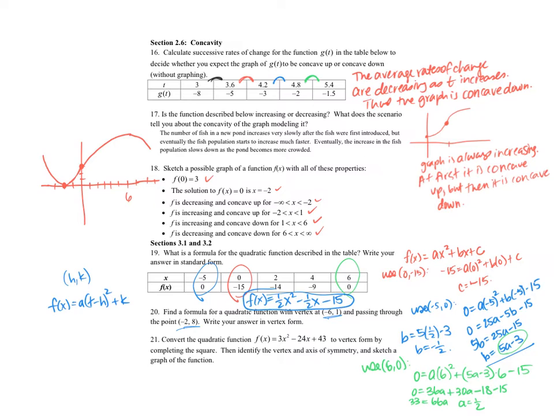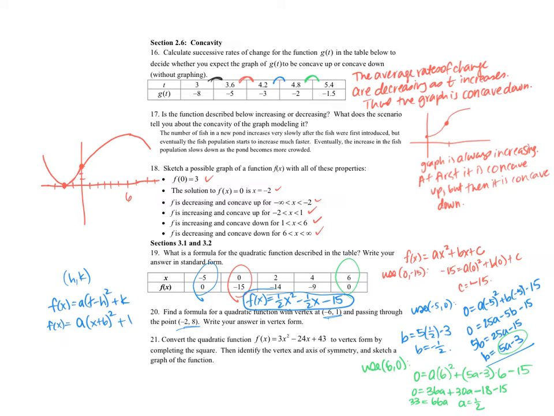So if I can see my vertex is -6 comma 1, then my function is f of x equal to, we still don't know what a is, but we're going to have x minus -6, so it'll be x plus 6 squared, and then plus 1.